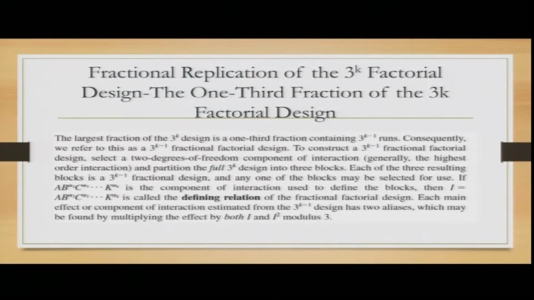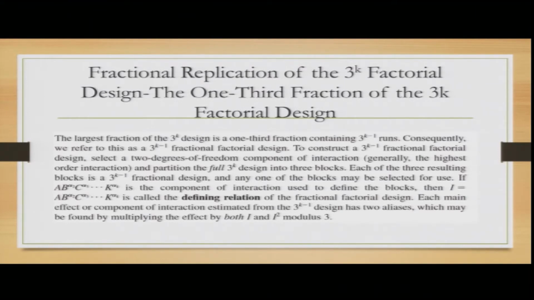Now the fractional replication of the 3^k factorial design, and the 1/3 fraction of the 3^k factorial design of the blocks. The largest fraction of the 3^k design is a 1/3 fraction containing 3 to the power k minus 1 runs, k minus 1 because that is the degree of freedom concept. Consequently, we refer to this as a 3 to the power k minus 1 fractional factorial design.